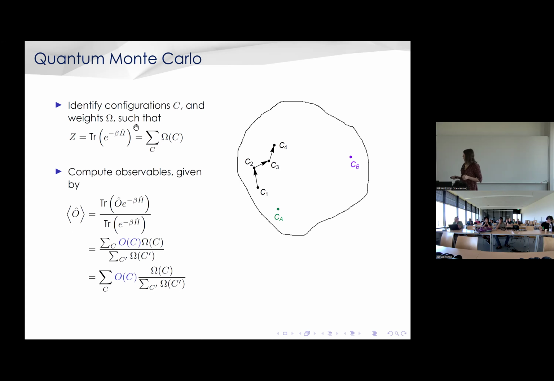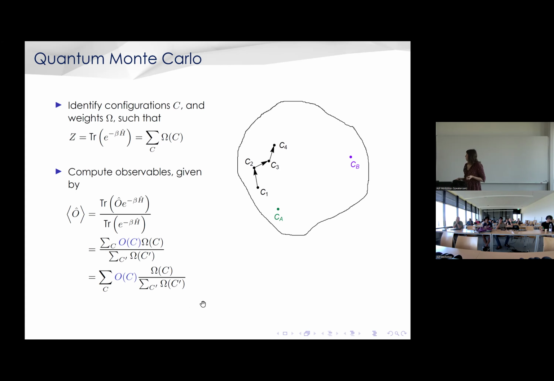Ultimately, when we identify these weights, the point is to compute observables. So we are going to compute quantities that look like this, which we can do if we can identify the observables for each of the configurations.